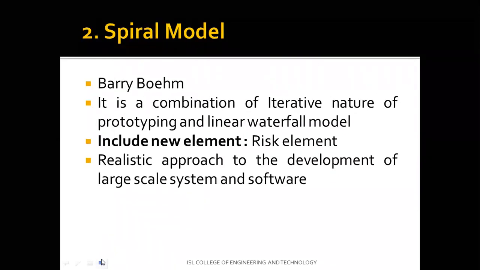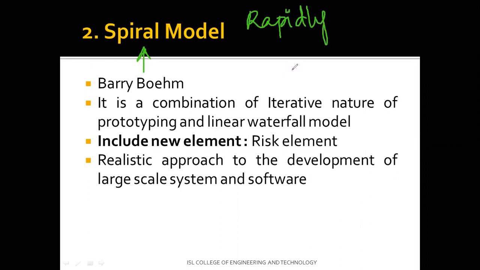Now moving on to the next model. The next model is called the spiral model. This spiral model was developed by Barry Boehm. He was the person that invented this specific model. In the spiral model, you're going to develop a software rapidly, that is, a more complete version of the software.